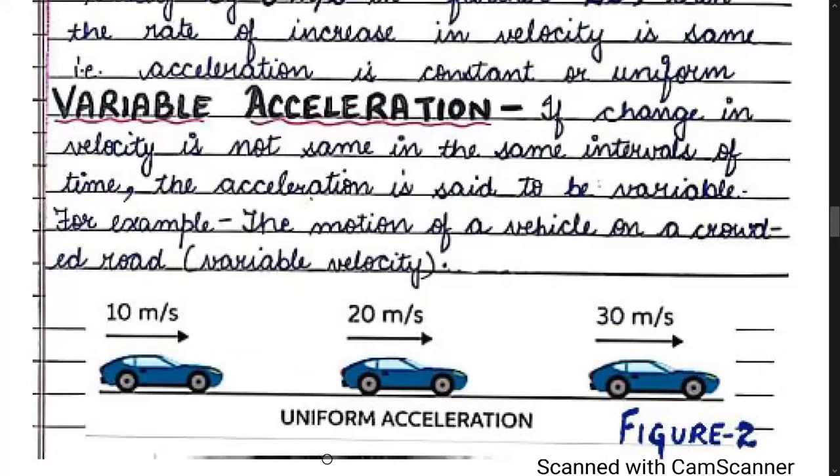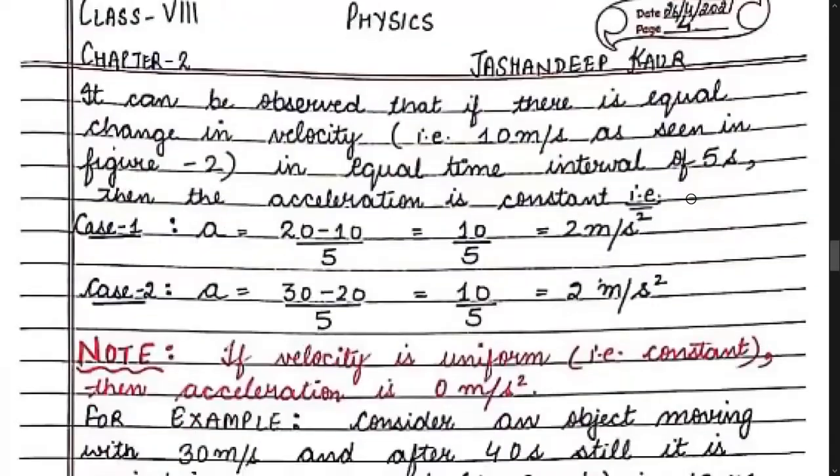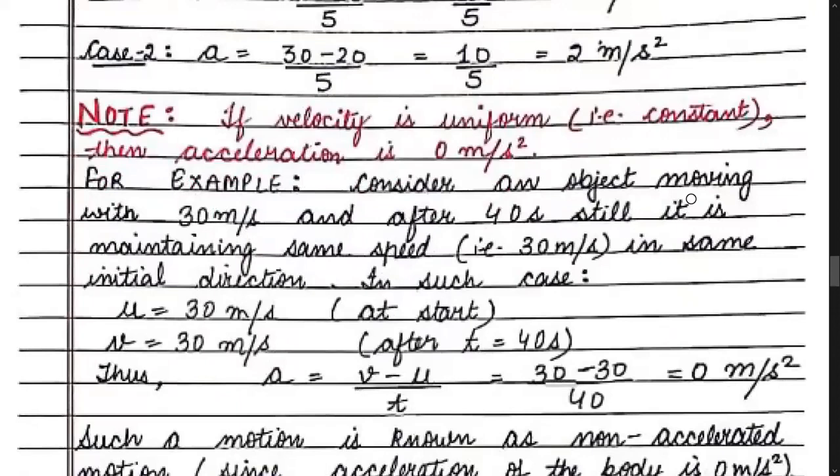For example, the motion of a vehicle on a crowded road. Children, on a crowded road, you are not moving with same velocity. Your speed is continuously changing. So then you are moving with variable acceleration.